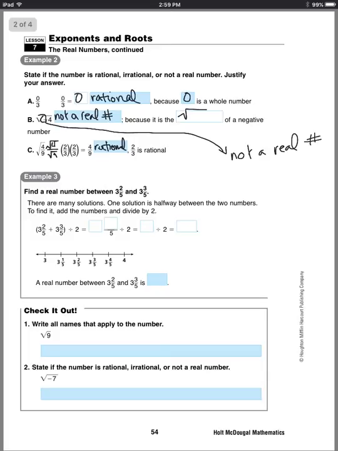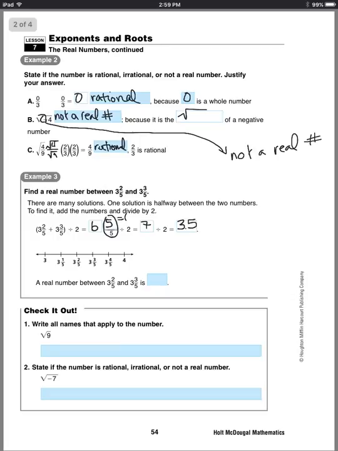So we're going to add 3 and 2/5 plus 3 and 3/5 and divide by 2. When we do that, 3 plus 3 is 6, 2 plus 3 is 5. Now, 5 over 5 equals 1 whole, right? So because it equals 1 whole, we can do 6 plus 1 and get 7, and then divide 7 by 2 and get 3.5.